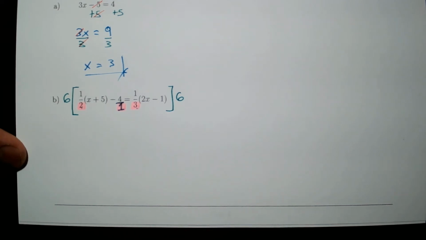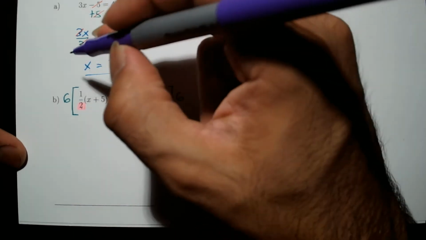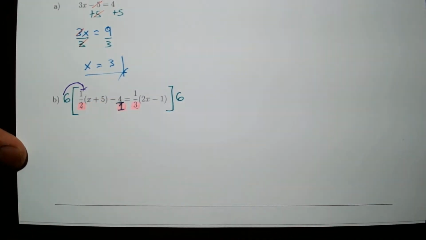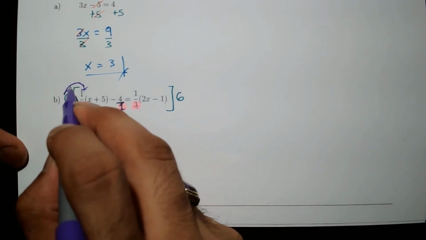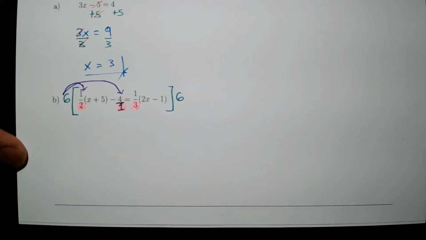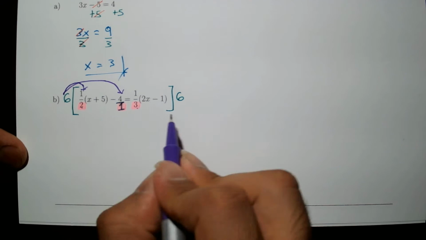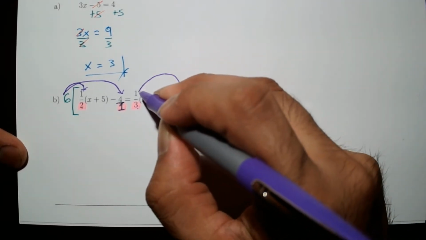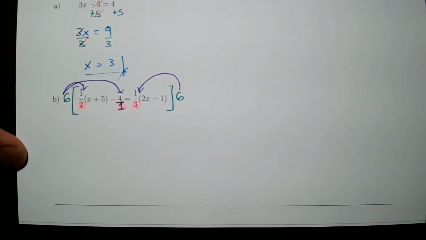Alright, so what are we going to do next? We are going to apply the distributive property. I'm going to multiply this 6 with this first term, and then I'm going to multiply the 6 with the second term, and then on the right hand side of the equation I'm going to multiply this.